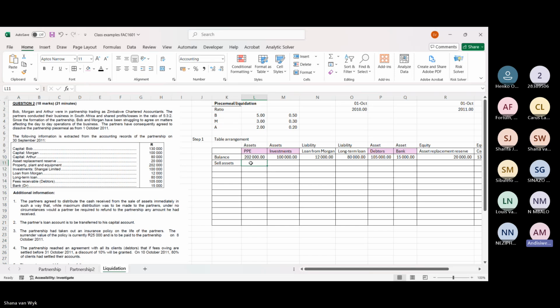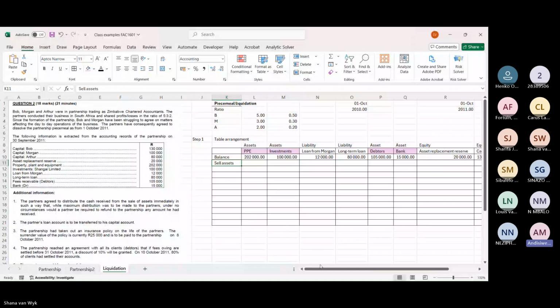From my understanding, as you said before, you need to close off the current accounts and the goodwill to the capital. In this case, we don't have it. And then the next step is to record the sale of the asset and distribute the profit in accordance with the ratio.